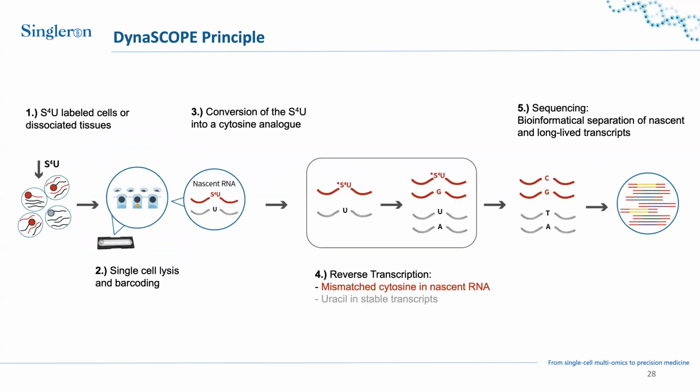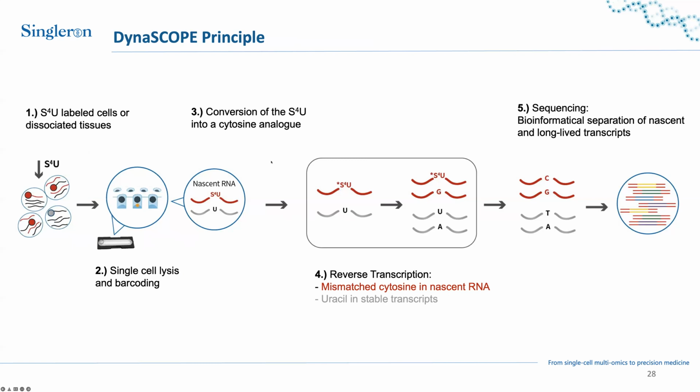So how do we do this? This is the principle of our DynaSCOPE. What we are doing is adding an analogon, this S for U, to label cells. These cells are cultivated and incubated with this compound, and then after single cell partitioning, lysis, and barcoding, we add an additional conversion step.